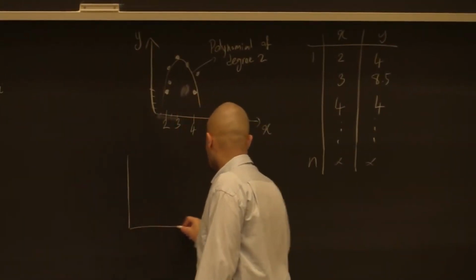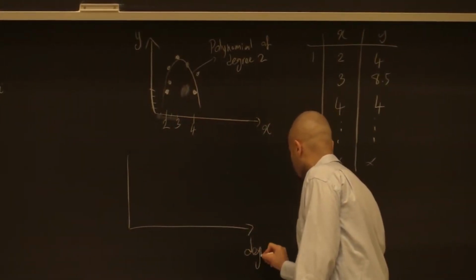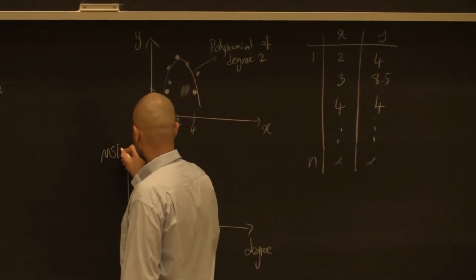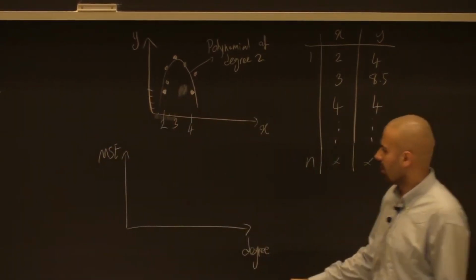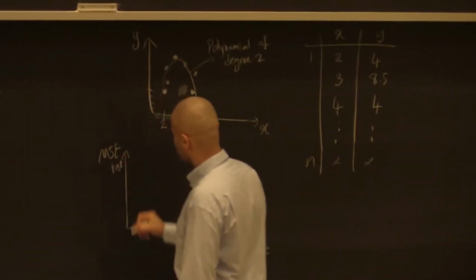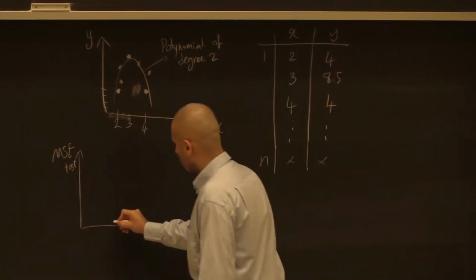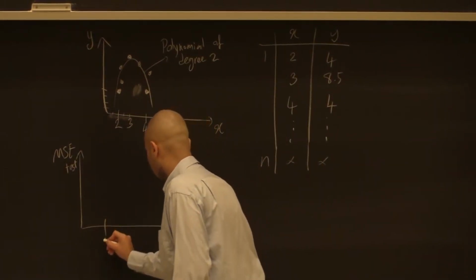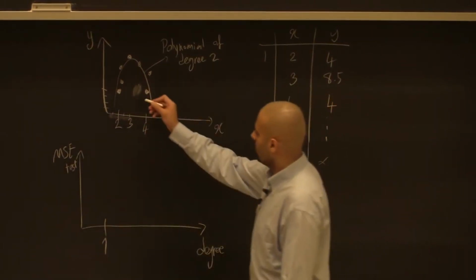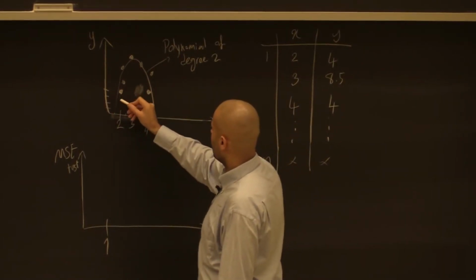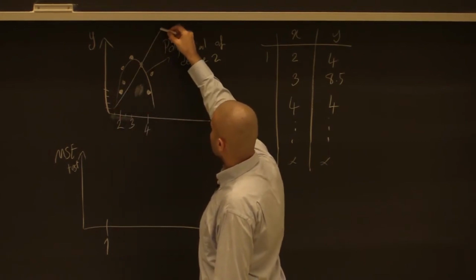Let's say the degree of the polynomial is on the x-axis, and the test MSE, the MSE on a data set that was not used for training, is on the y-axis. When we use a degree 1 polynomial, we're trying to fit one line to this data. That line may end up being here.